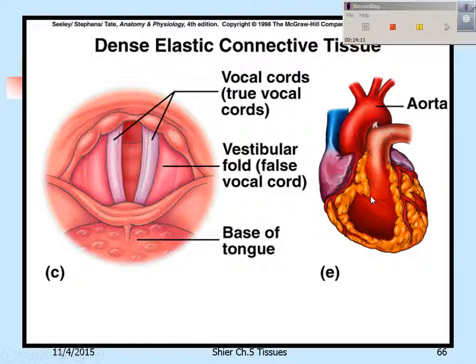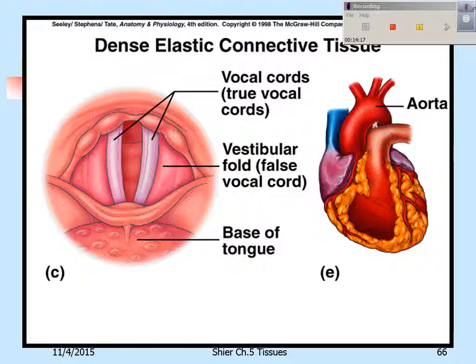We also find dense connective tissue in a couple other areas. Now, this is a specific type of dense connective tissue. We call it dense elastic connective tissue. The reason it's elastic is because, remember, that property means that it can go back to its original shape when it's been stretched. We find it within our aorta and also in our vocal cords.